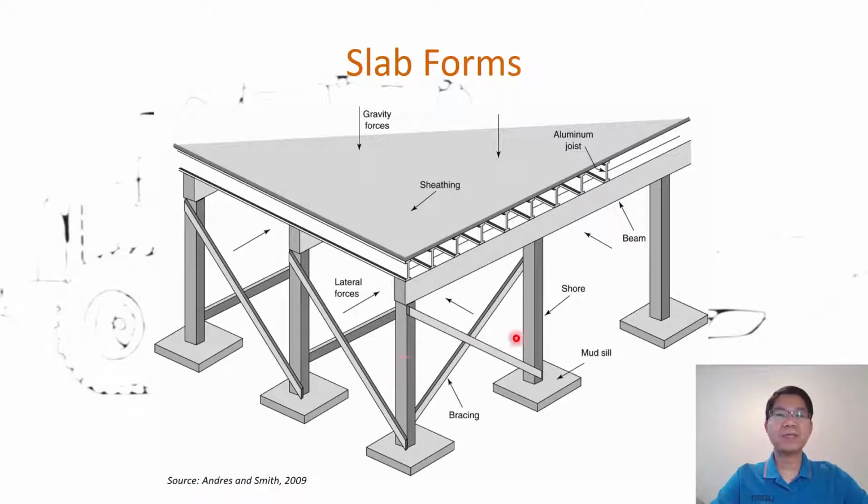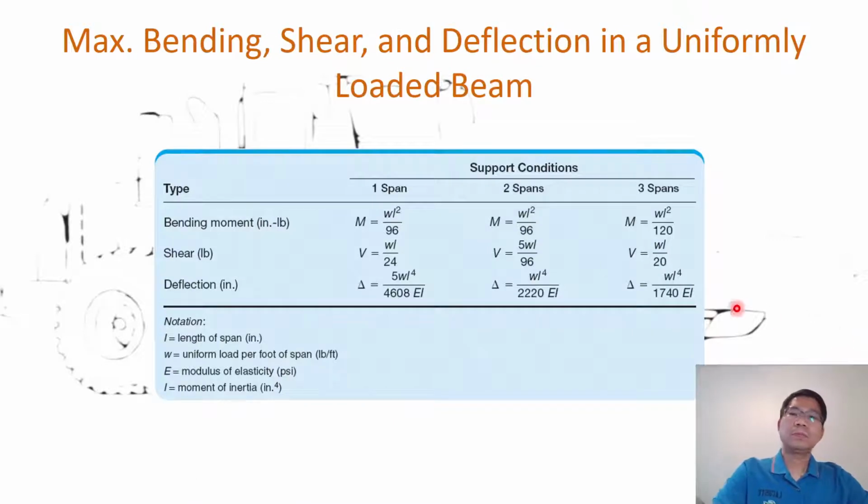We want to determine the spacing between the shores. So that is the process we have. It always starts from the top, the sheathing, then the joists, then the stringers, and then the shores. It depends on the way it works.